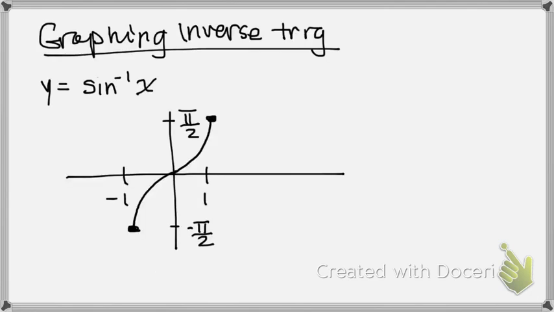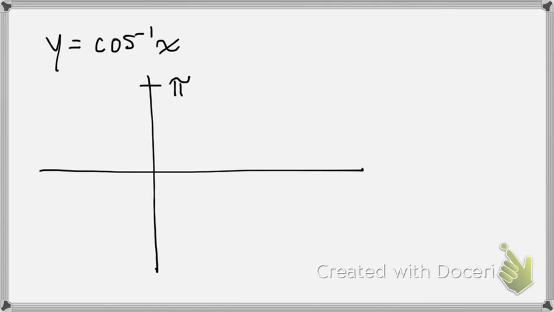So notice the inverse sine is the angle that is between negative pi over 2 and pi over 2. For cosine, it's the angle that's between 0 and pi. So we're just going to go from here to here. We're still going to go from -1 to 1. Okay. All right. So when I'm at pi, the cosine of pi is 1, right? So the inverse cosine of 1 is pi.